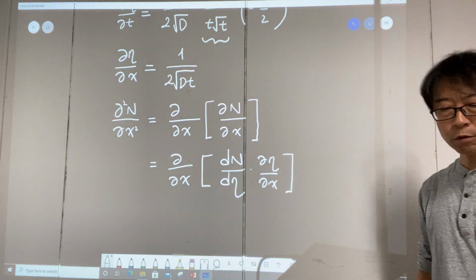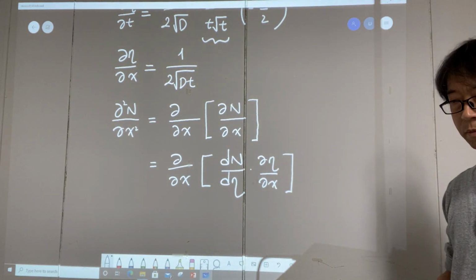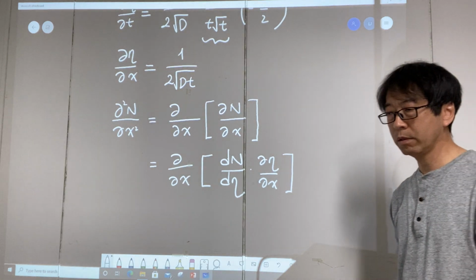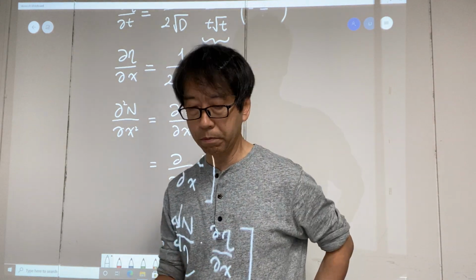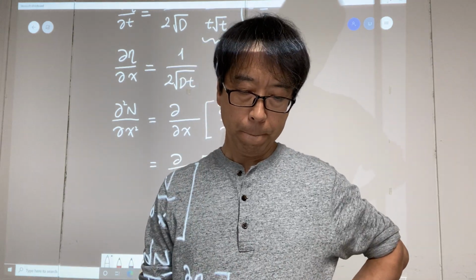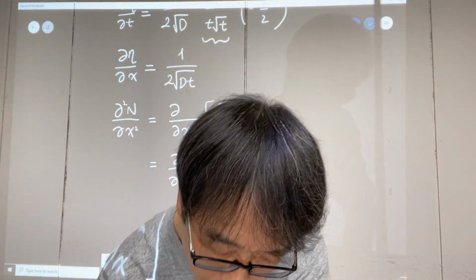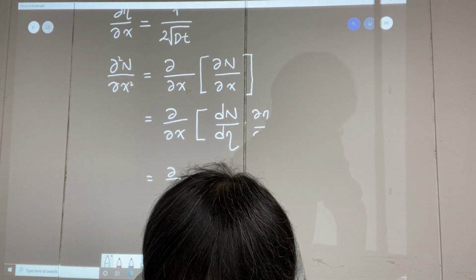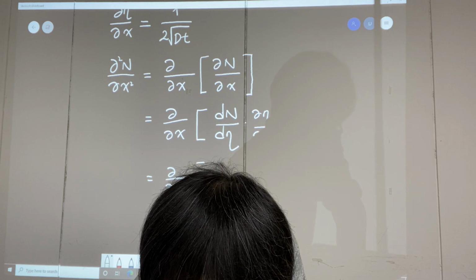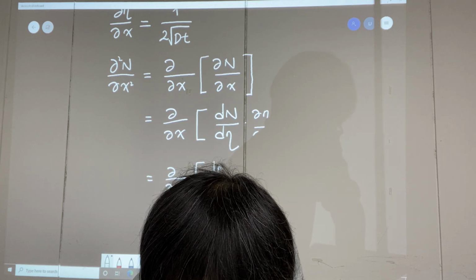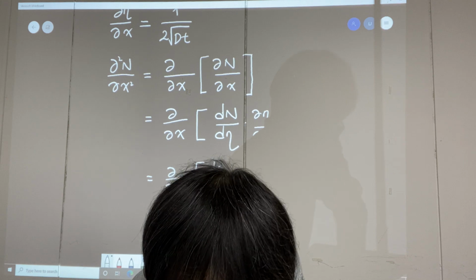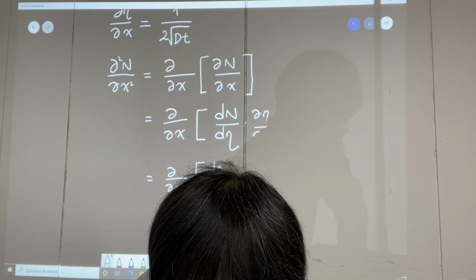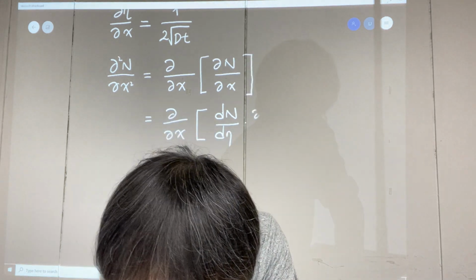That's the chain rule we learned in college calculus, the basic calculus. Now if you plug in, it will be partial x of dn d eta times partial eta partial x, which is 1 over 2 square root dt.